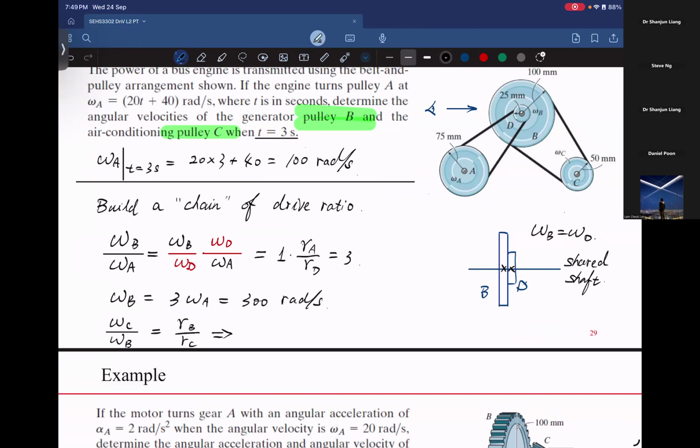We just find RB is 100, RC is 50, millimeter per millimeter, which is 2, right? So omega C is 2 times omega B, which is 600 radians per second. This is the answer. Any questions?